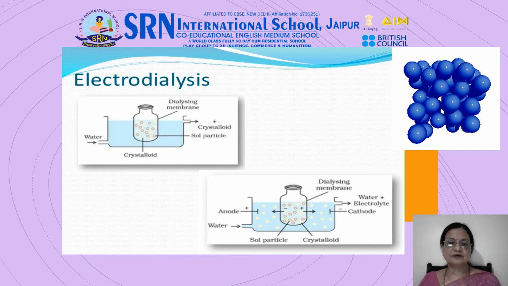Now an electric field is applied by using two electrodes, anode and cathode, which are positively and negatively charged. Ions inside the colloidal solution migrate out to the oppositely charged electrodes and thus make the colloidal solution pure.